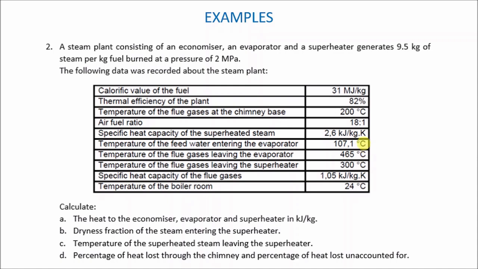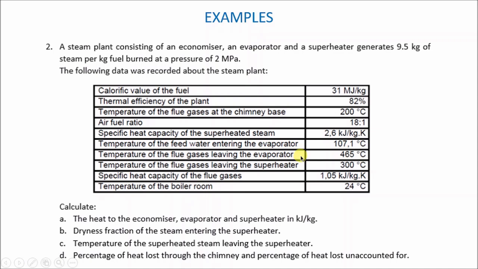You will look for H2 at this temperature here, and this H2 will be an HF value because the water out of the economizer is still in a liquid state, so it's a liquid enthalpy, HF at 101.7 degrees. And then you have the temperature of the flue gas leaving the evaporator.